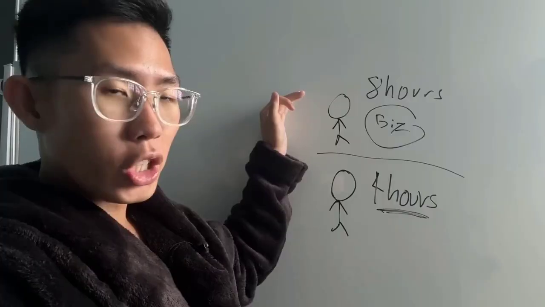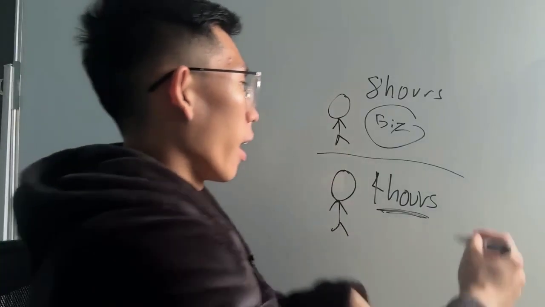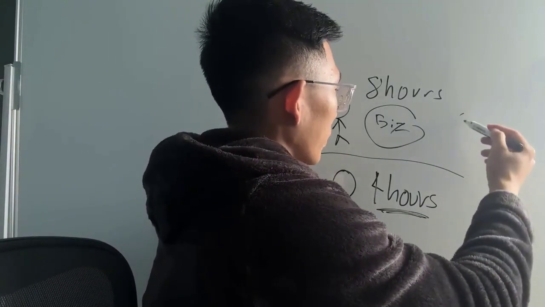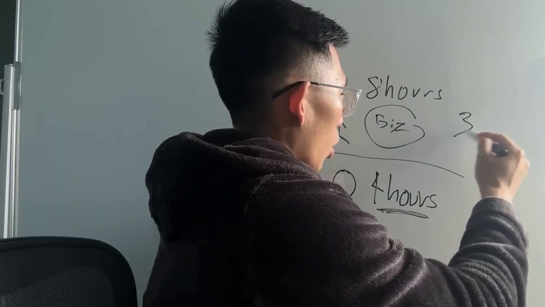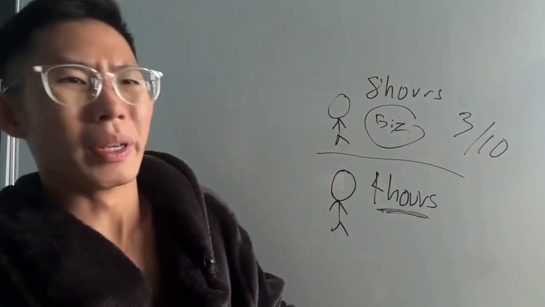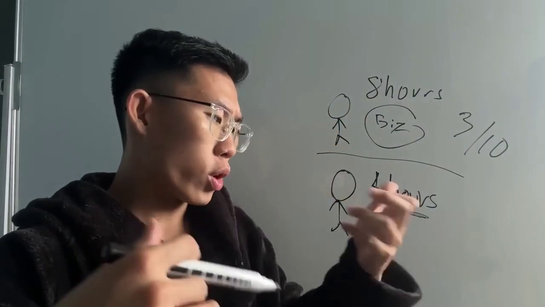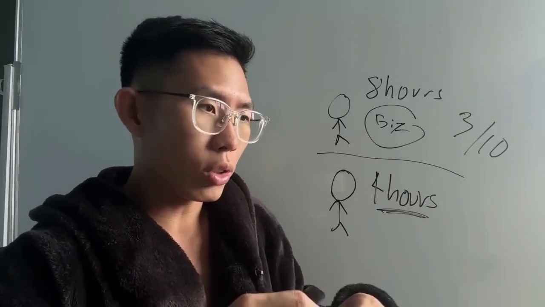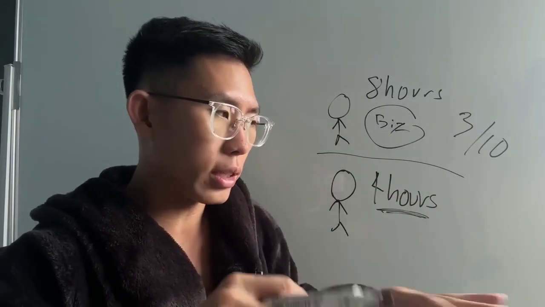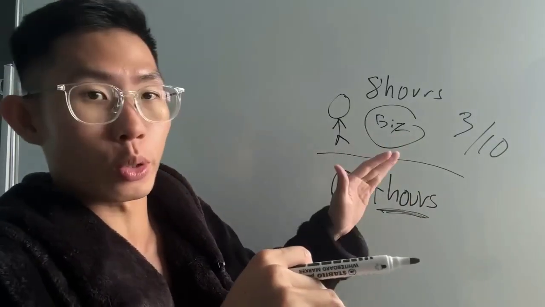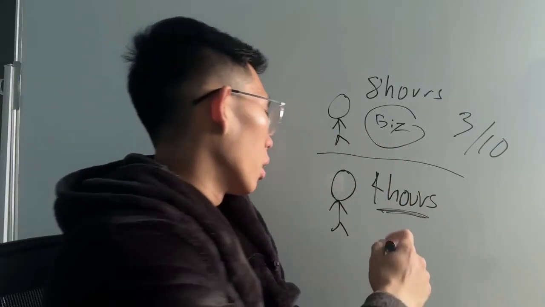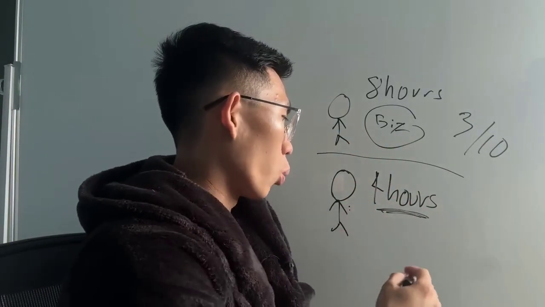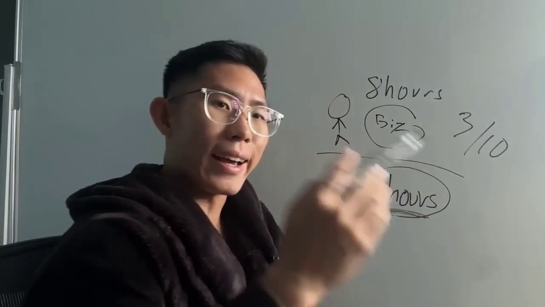Now, here's the differentiating factor. Guy A has probably a 3 out of 10 focus. Which means that when he is working, he's going through Instagram, scrolling through social media, looking through TikTok, and also going to YouTube and constantly distracting himself from what he needs to get done, which is the business. Now, guy B, during these 4 hours, is extremely focused.